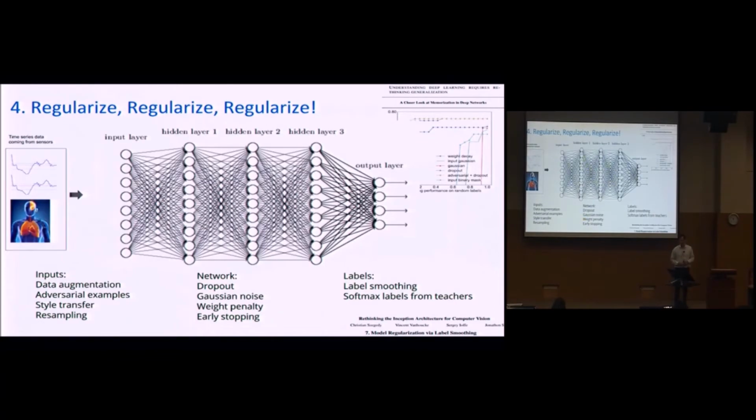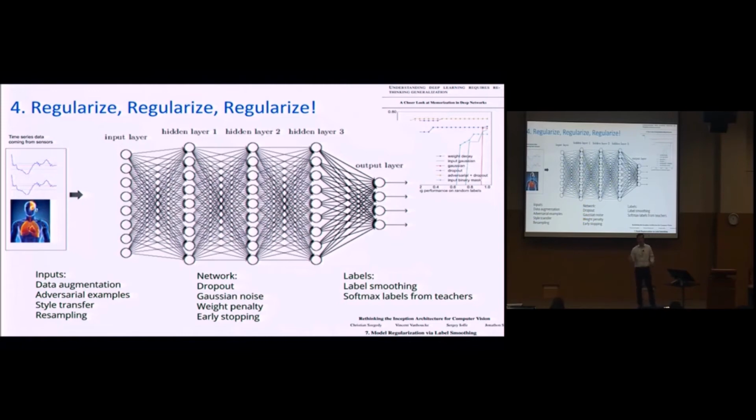And the fourth one I want to talk about is regularize. That means doing regularization on the inputs. That's things like using techniques like data augmentation, throwing adversarial examples into your inputs, augmenting with those, doing things like style transfer, and resampling.